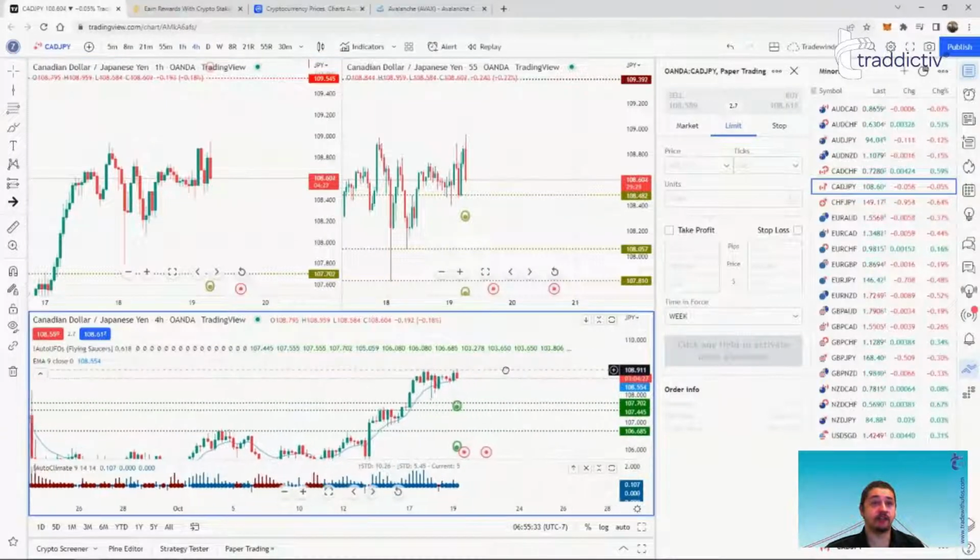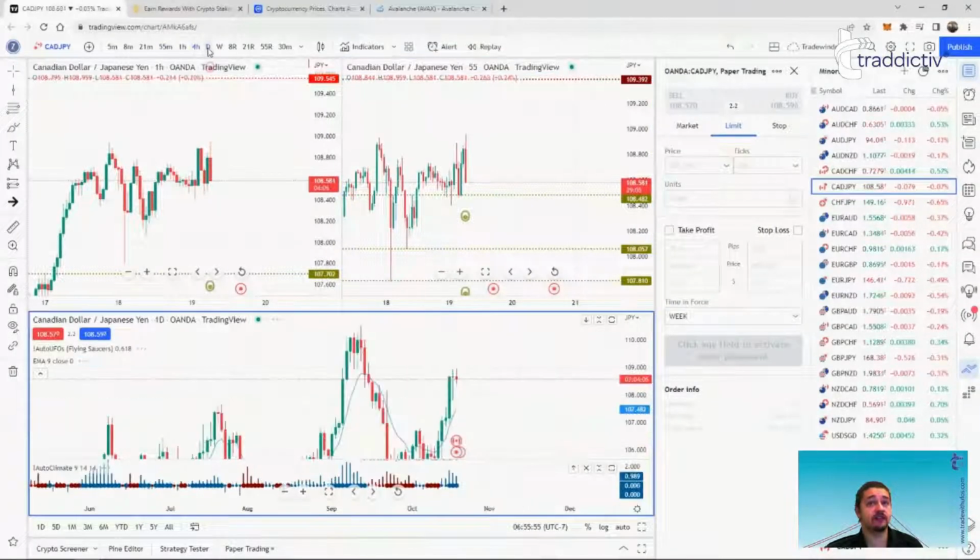But right now for CAD yen, it looks like we may be coming into a setup. 108.554 is the moving average on this 4-hour, but the nearest UFO is at 108.482, so therefore we don't have a trade there.